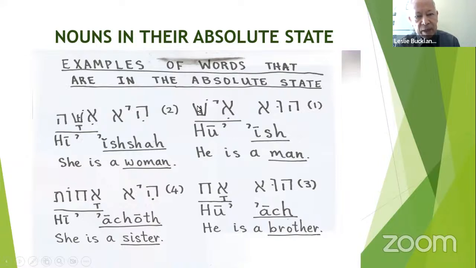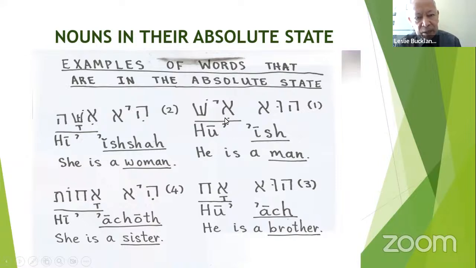This noun, without any further addition to describe or explain who this man is, is said to be in the absolute state. So I've underlined ish in its absolute state. And notice there is no makef, a horizontal line that connects the noun to another noun. There is only ish by itself.